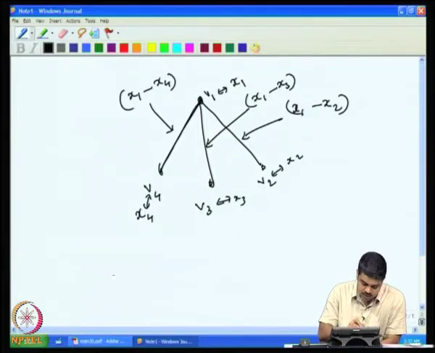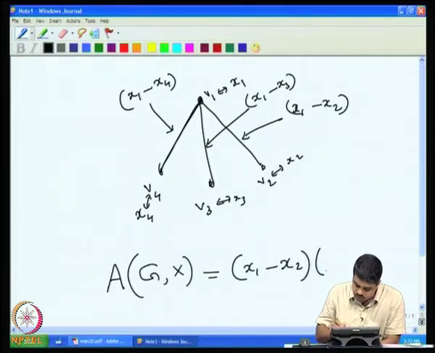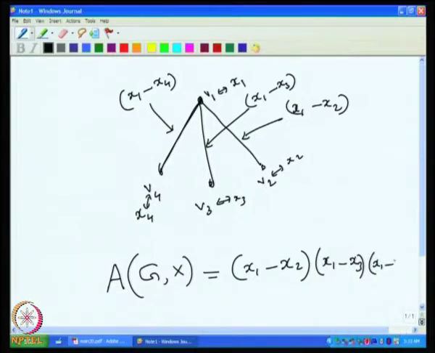So, what will be the adjacency polynomial for this? A_G of x for this will be equal to x1 minus x2 into x1 minus x3 into x1 minus x4. This will be the polynomial for this.